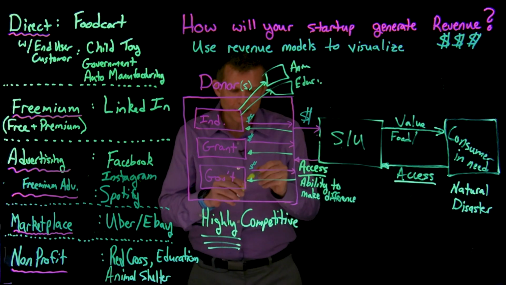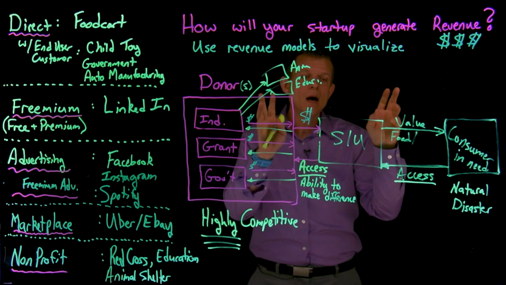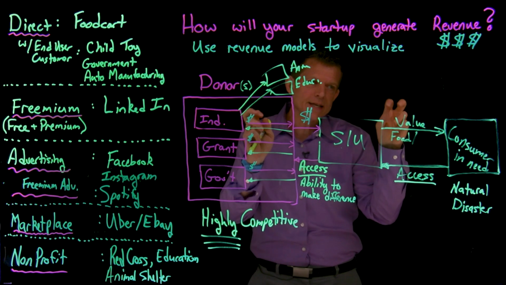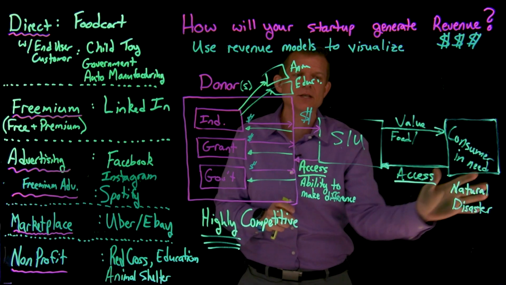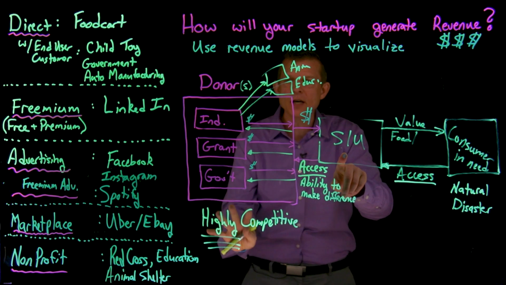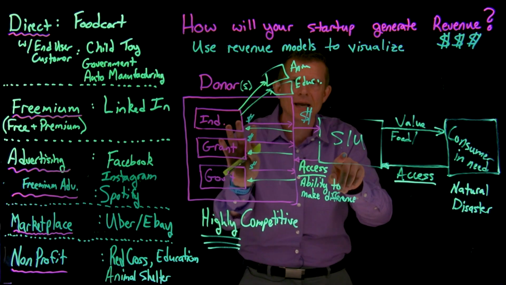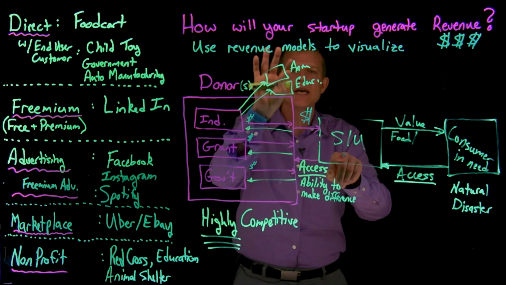So the key point to take away is, even though you're a startup in the market of natural disasters, you still compete against all the dollars out there that are going to all the other nonprofits like animal shelters and education.